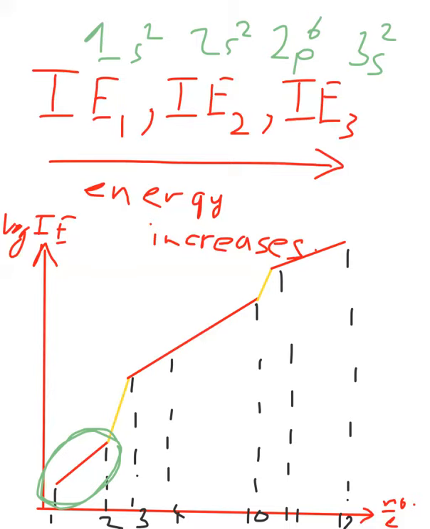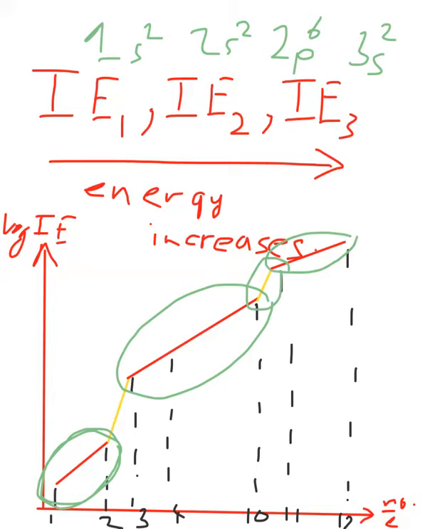As we go forward from 3rd till 10th, the electrons are being lost from the second shell, that is 2p and 2s orbitals. That is why the energy increases. And then again, there is a large gap, after which we have 11 and 12, that is from the first shell, 1s orbital.